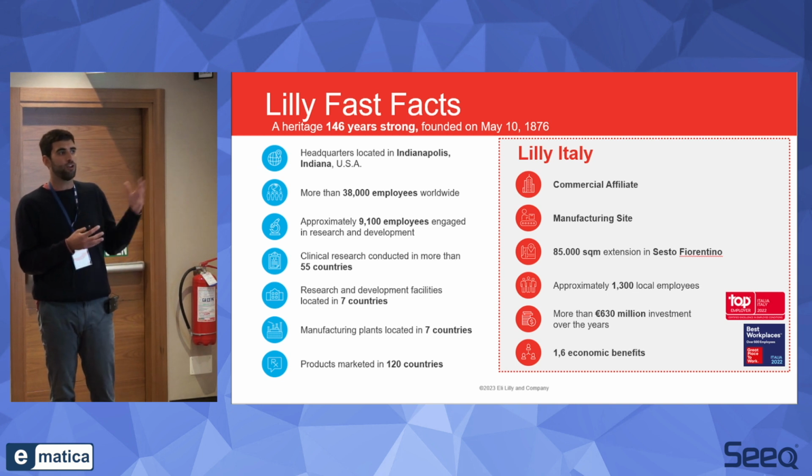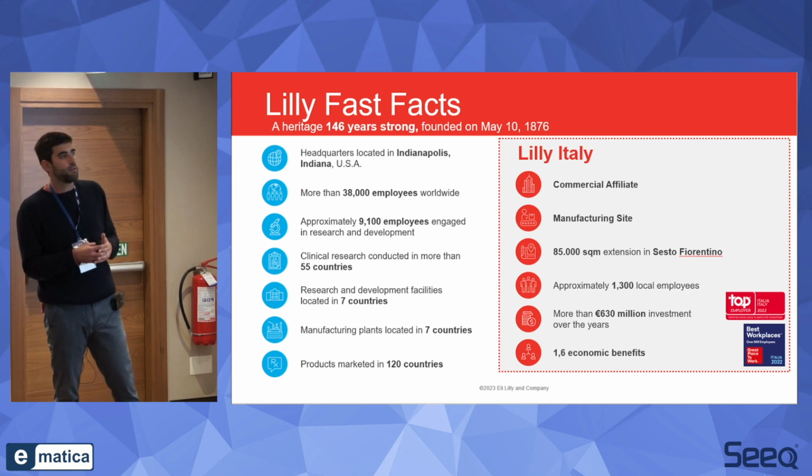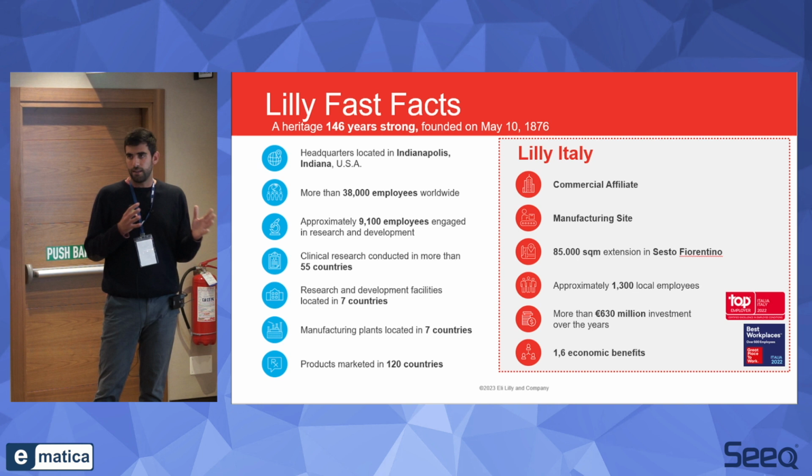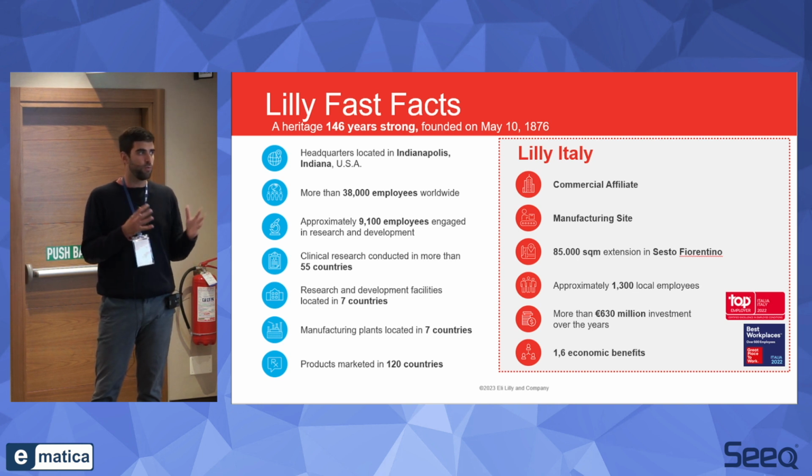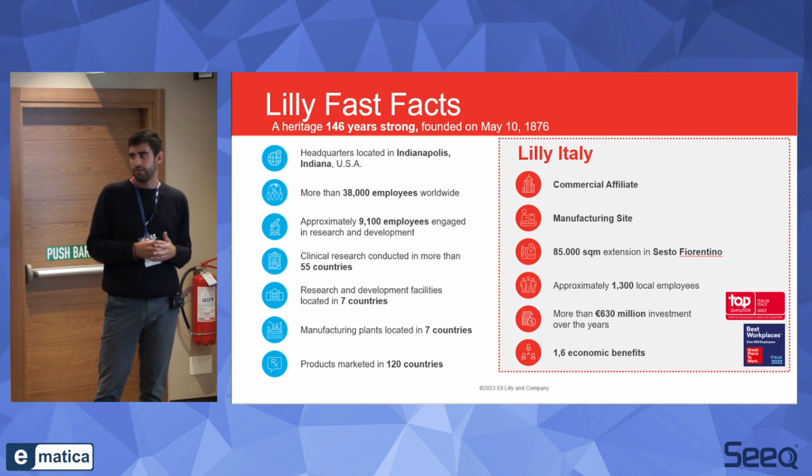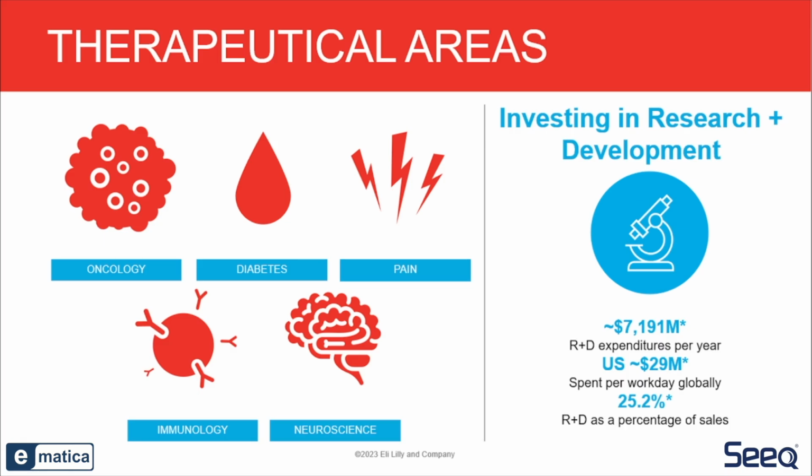Now, what we do in Italy other than production is the whole commercial and manufacturing part. So in Italy, we have approximately 1,300 employees, and we've been investing a lot in the last few years.